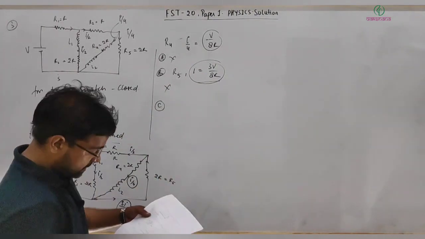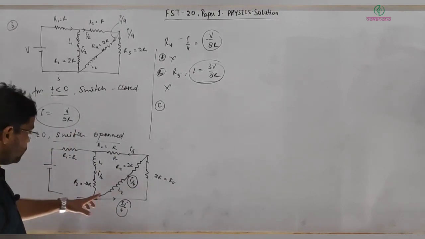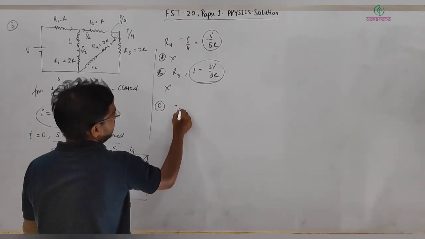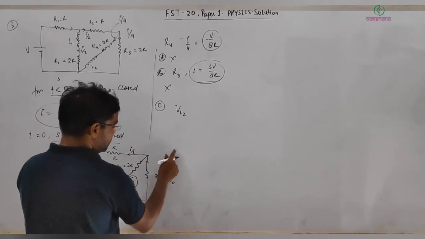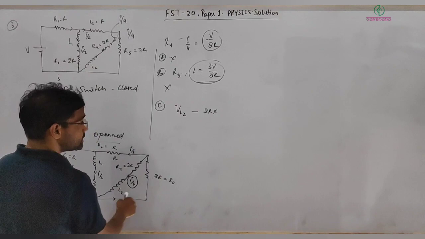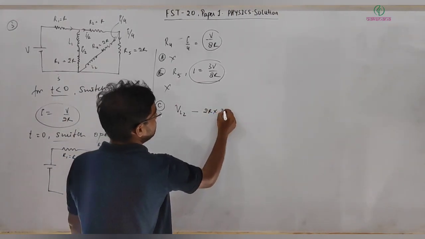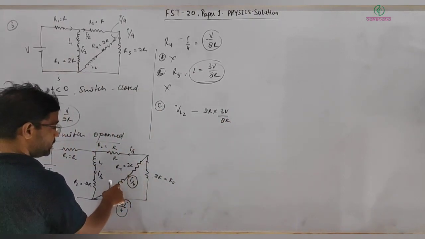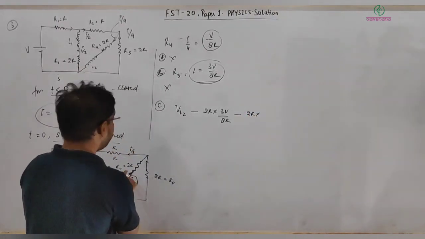Let's talk about option C. Potential difference across L2. So L2 is this. Now I can apply KVL in this loop. So V across L2, and now I am going from here in this direction, so minus 2R multiplied by the current across this, that is R5, which is 3V by 8R, because I am going in the direction of current, and across this minus 2R multiplied by R4.